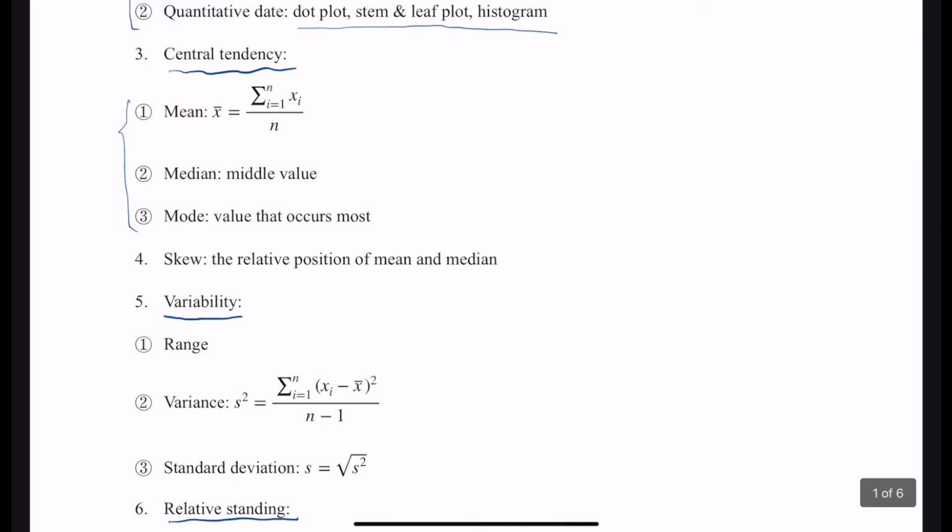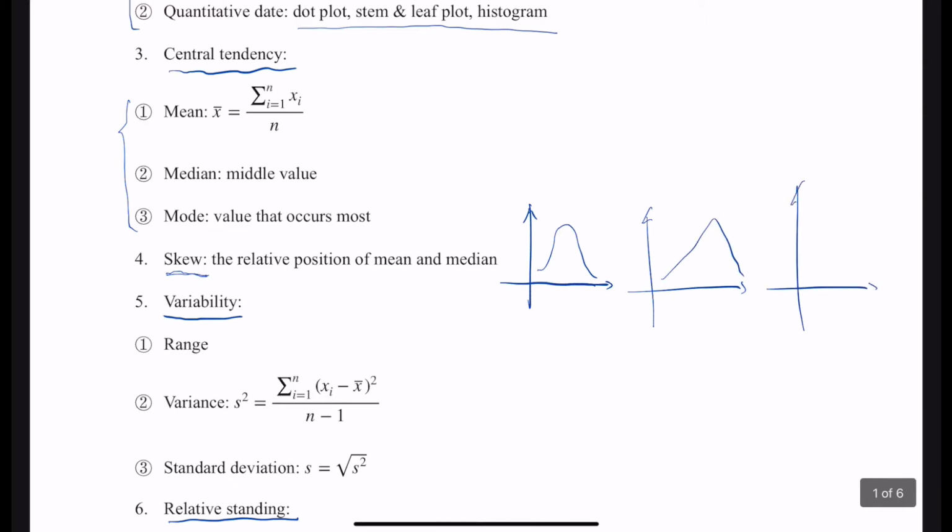And pay attention to the skew here. We learn in class that when we are drawing the probability density function, we have a graph like this. We also have a graph like this and a graph like this, right?